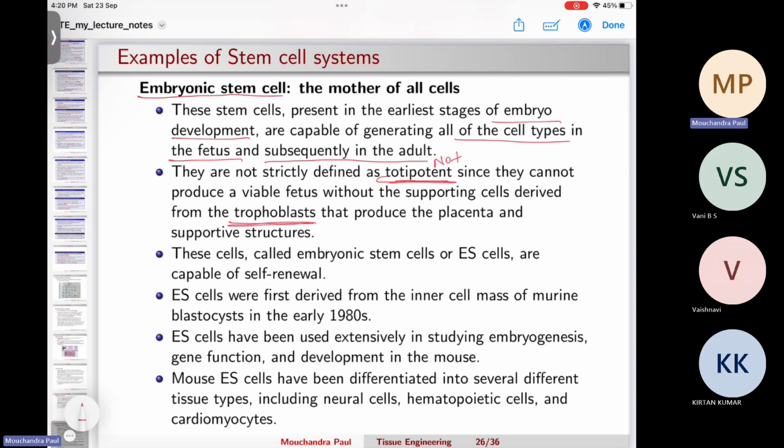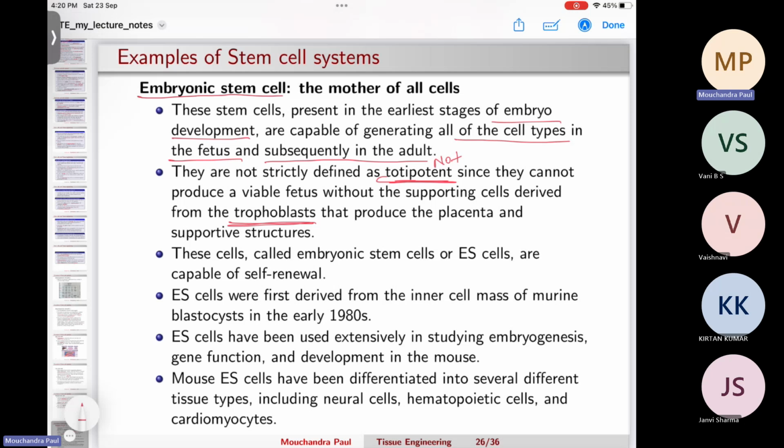Whatever signaling factors are produced by this trophoblast are necessary for the action of the embryonic stem cells and ultimately to create cells of all tissue types. That is why there is no stem cell that is completely totipotent. Even the embryonic stem cell is not totipotent.